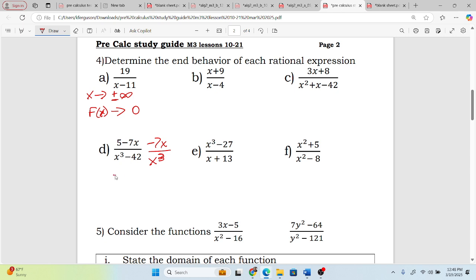So I would cancel off an x, and I'd have negative 7 over x squared. And this is another problem where the degree of the bottom is higher than the degree of the top, so I would just follow those instructions. As x approaches positive infinity, f of x approaches 0, and as x approaches negative infinity, f of x approaches 0.